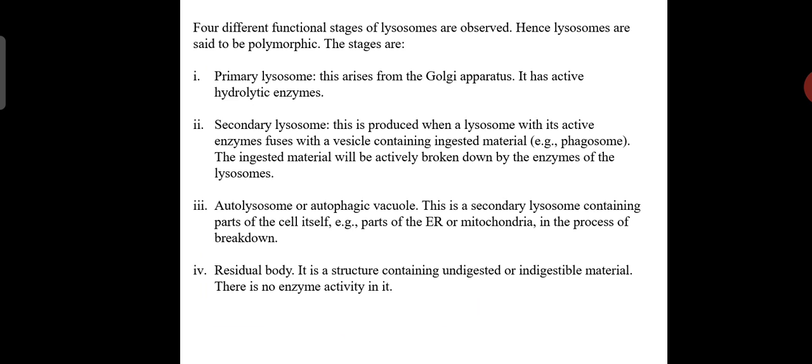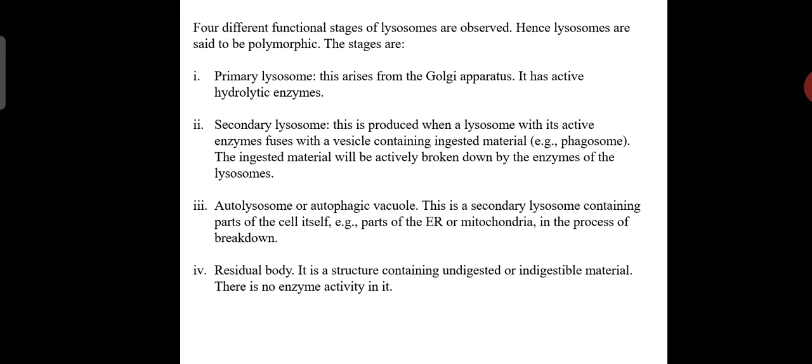The first stage is the primary lysosome. This arises from the Golgi apparatus. It has active hydrolytic enzymes. The secondary lysosome is produced when a lysosome with its active enzymes fuses with the vesicle containing ingested material, that is a phagosome.